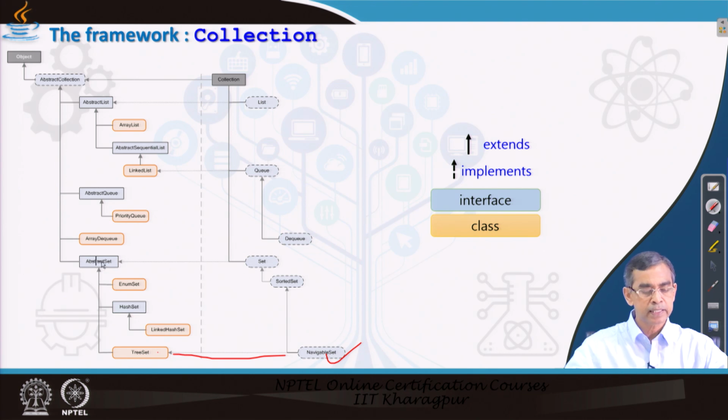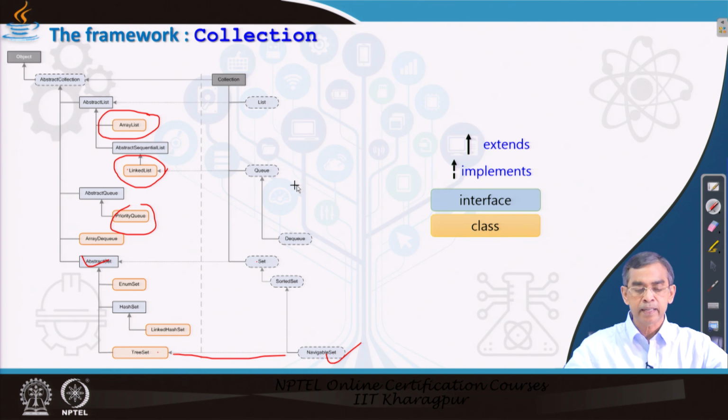For example, the abstract set class implements set, and linked list implements queue. This color is basically the actual class that is beneficial in your programming. So, these are the classes, and those in the shaded boxes with the dotted border are basically interfaces.